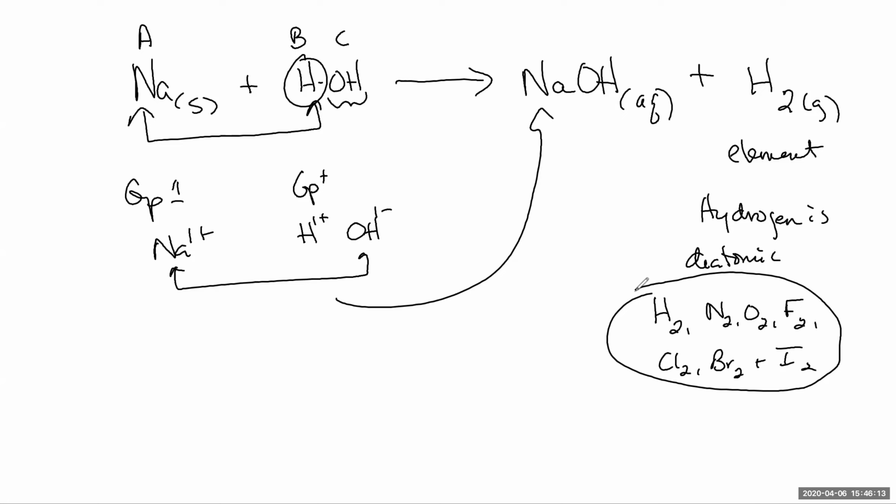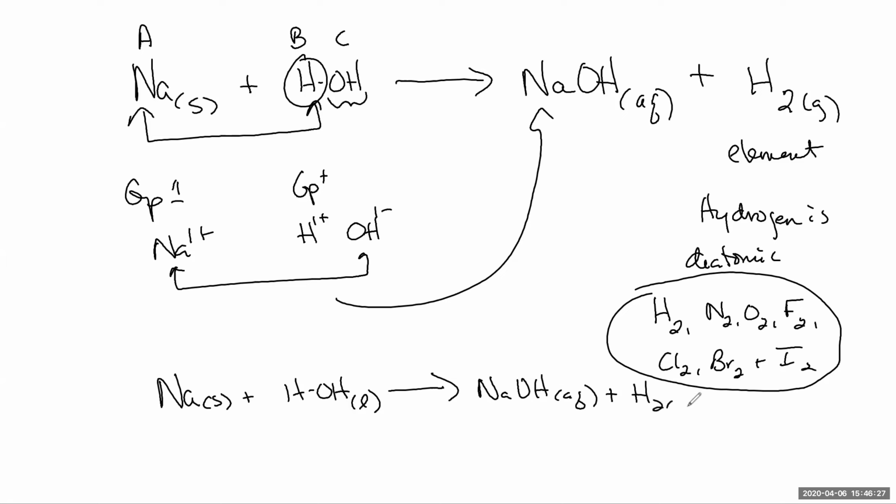Now this equation is not balanced as it's written. Let me rewrite it so it doesn't look as messy. Sodium plus HOH, which water would be a liquid, it's going to give me NaOH aqueous and H2 gas. If I go through, I have 1 sodium atom, 1 sodium atom, I have 1 hydroxide, I have 1 hydroxide, but here I have 1 hydrogen and here I have 2.